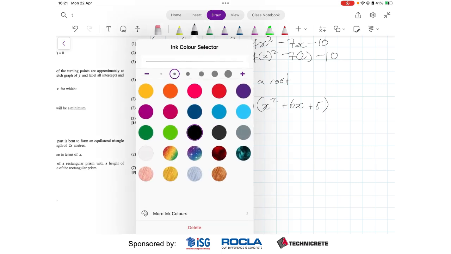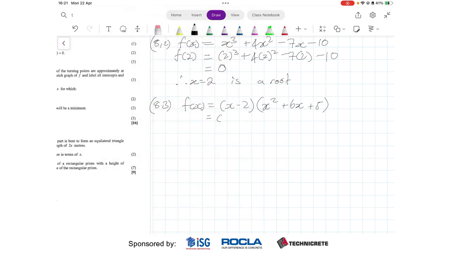Then, looking at our trinomial, it must also factorize to a set of 2 binomials. Now we have x squared plus 6x plus 5. We need a factor of 5 and of 1 that can give us 6.